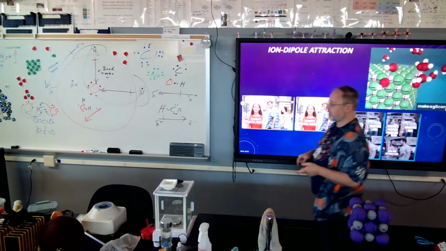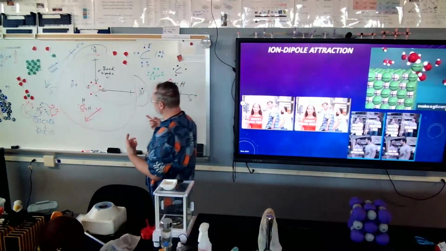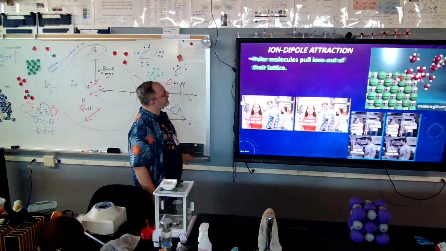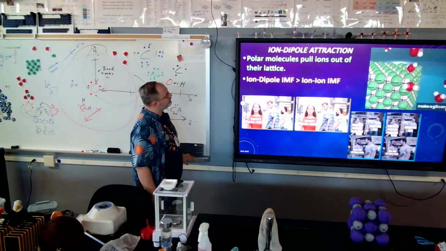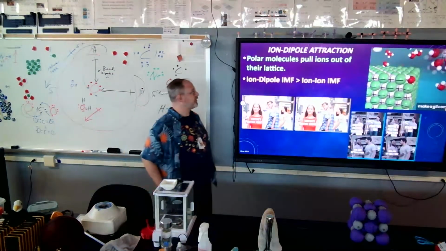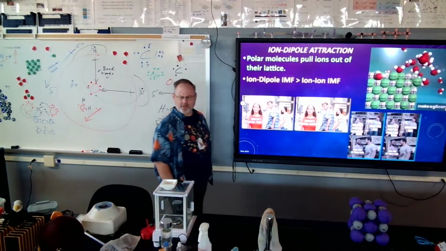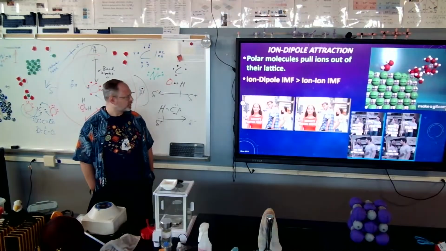When a polar molecule, like water, breaks apart an ion or an ionic lattice, that's ion dipole. Now, the reason this is here is because some things that are ionic dissolve and some things don't.